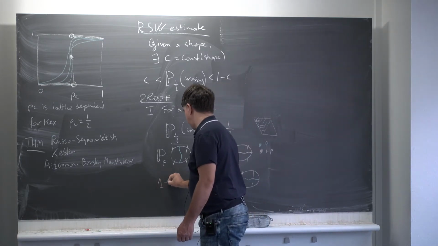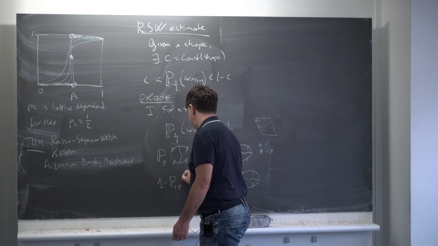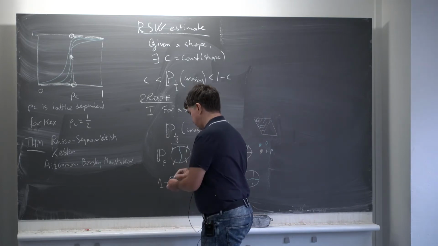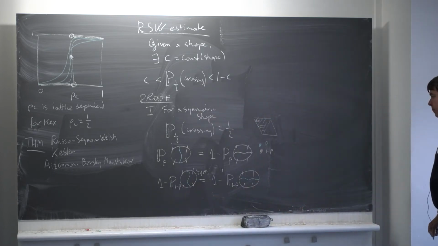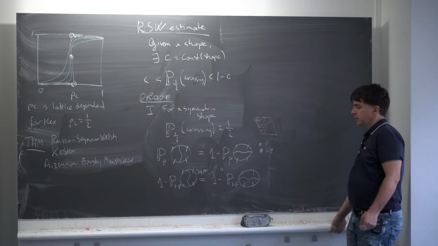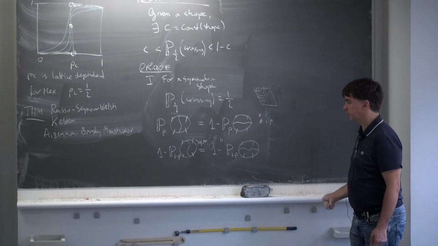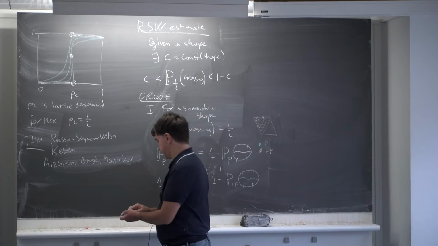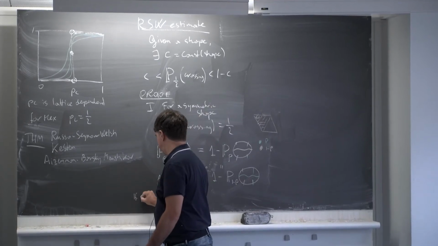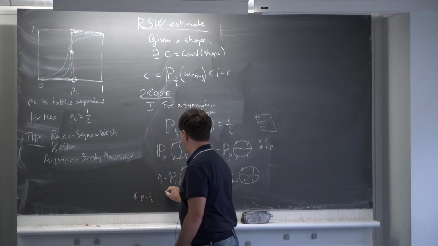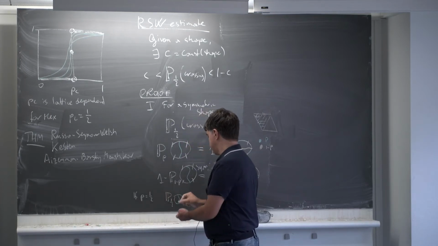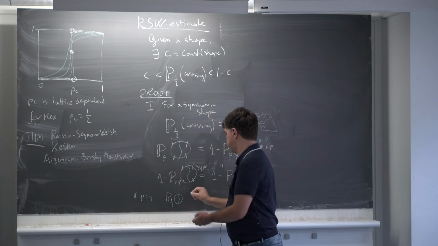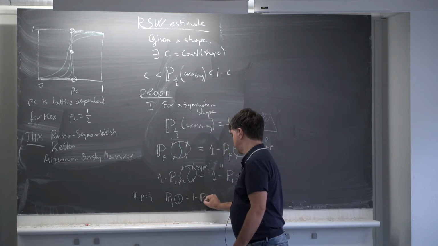You get 1 minus P, the vertical crossing. So if P is equal to 1/2, we get that P 1/2 of a crossing is equal to 1 minus P 1/2.